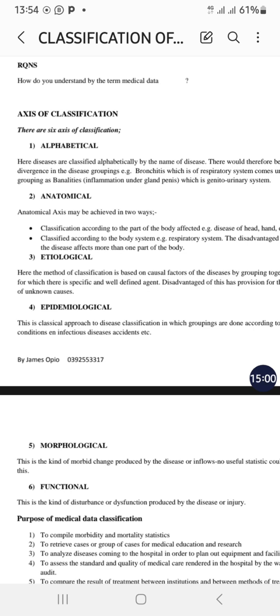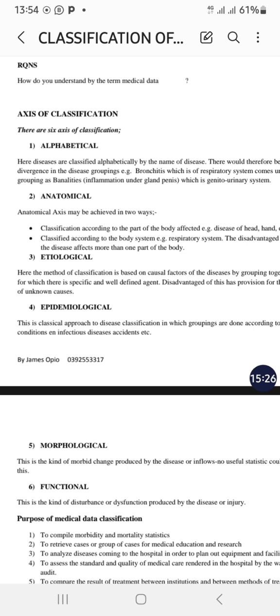For instance, if we have diseases that affect the head only, we put them together. If we have diseases that affect the eye only, we again put them together. If we have diseases that affect only the legs, we also put them together. It doesn't matter how many they are.